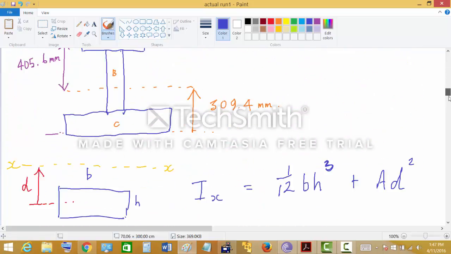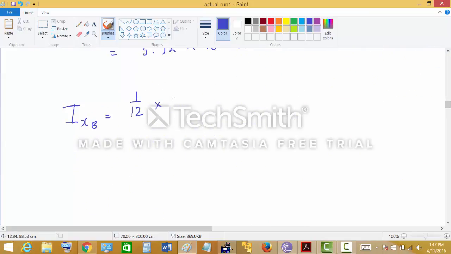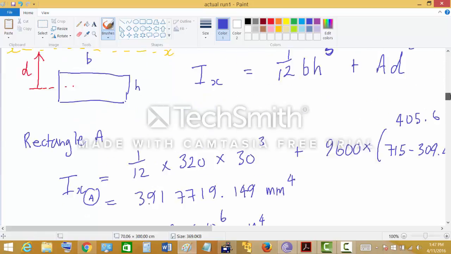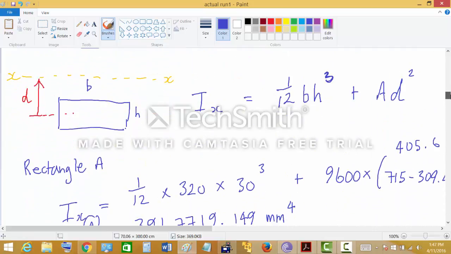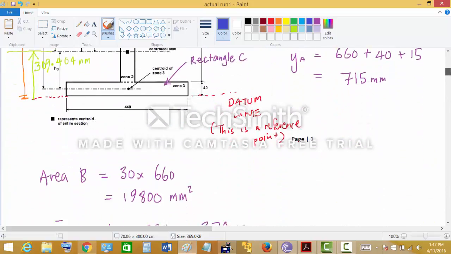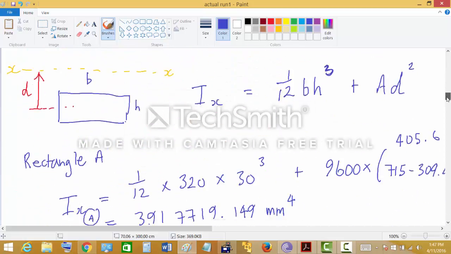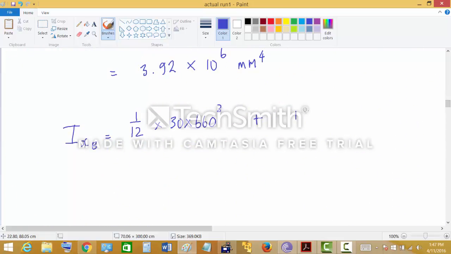30 times 660 cubed plus its area, 19800, times d squared.